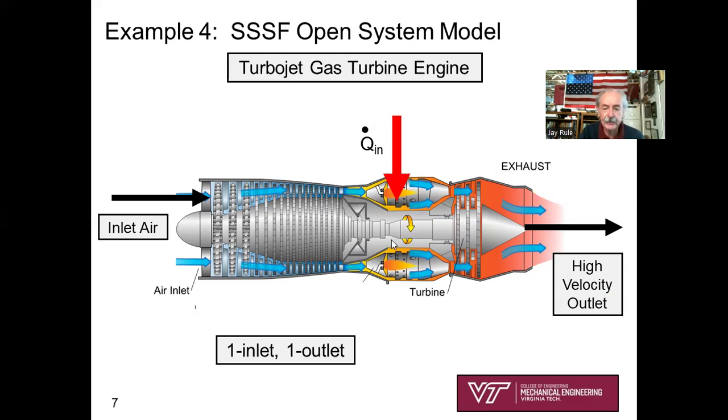For my thermodynamic model, I'm saying I'm adding heat at a certain rate, Q dot in, so many kilowatts or megawatts coming in to heat the air that's coming in. Do you see that our thermodynamic model is going to be 1 inlet and 1 outlet, steady state, steady flow, open system.